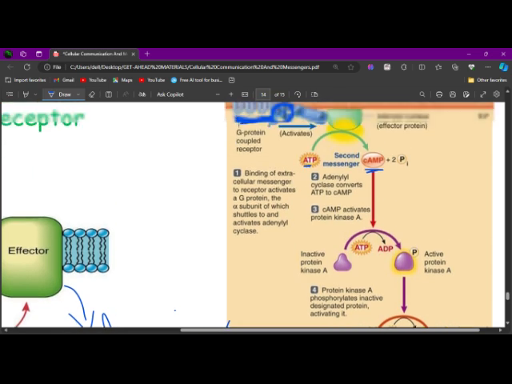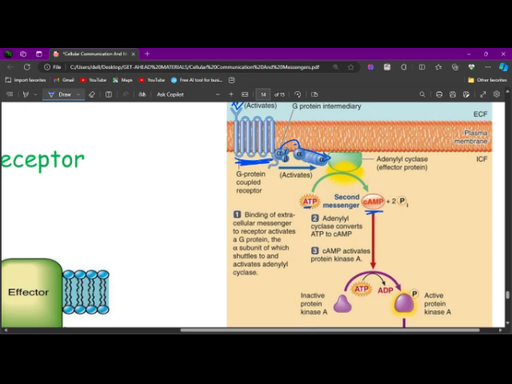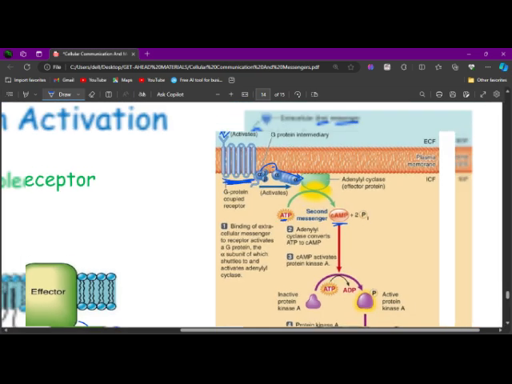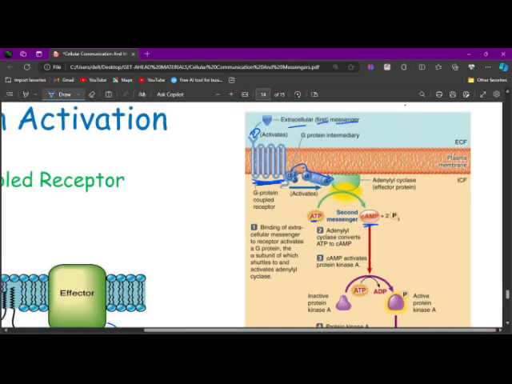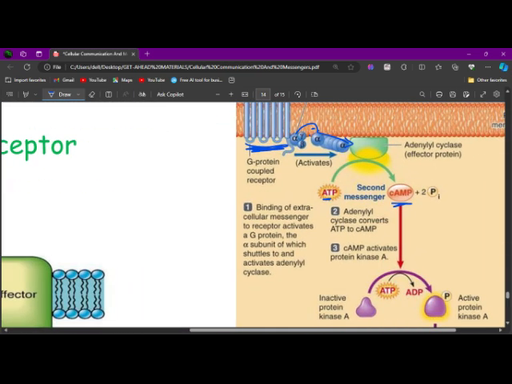So how does that come about? Like we had said, firstly, the alpha subunit is going to detach from the G protein after it has been activated by this receptor through binding of the extracellular first messenger. Then once the alpha subunit goes to the adenylyl cyclase, it is going to change ATP into cyclic AMP.